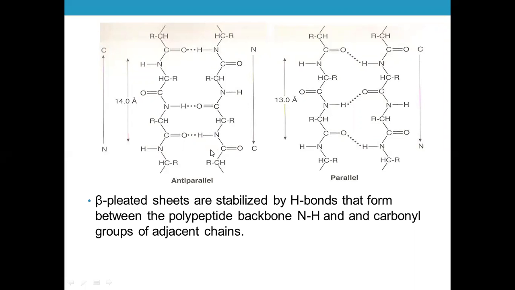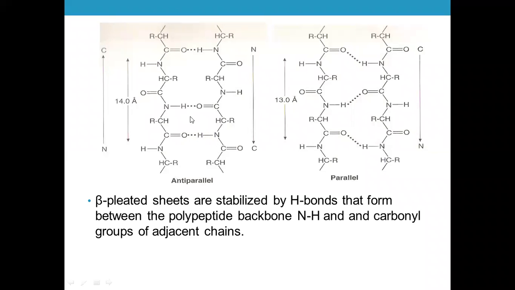Very unlike the alpha helix, which is intramolecular hydrogen bonding just within the molecule or the sequence of the polypeptide, this one is intermolecular. This is in between chains of polypeptides, chains of amino acid residues.